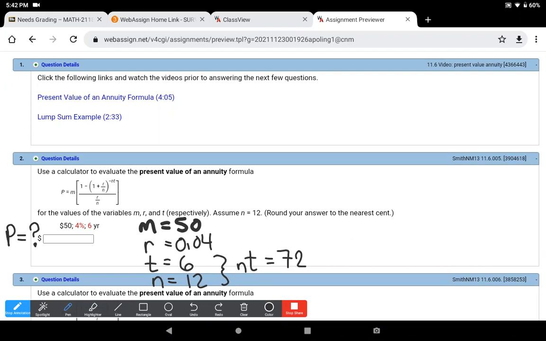And then we just fill in the formula and try to enter it into the calculator correctly.